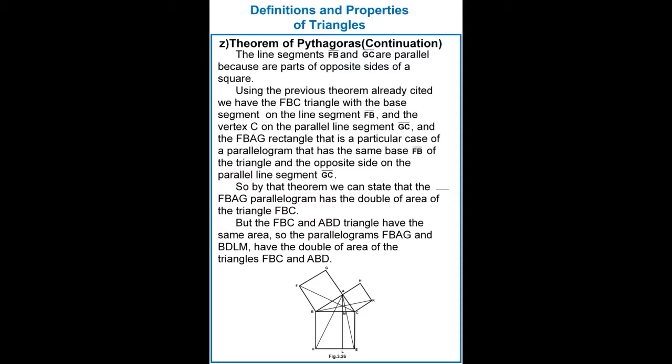The parallelogram has twice the area of the triangle FBC. But the triangles FBC and ABD have the same areas, so the parallelograms FBAG and BDLM have the same areas, equal to twice the areas of the triangles FBC and ABD.